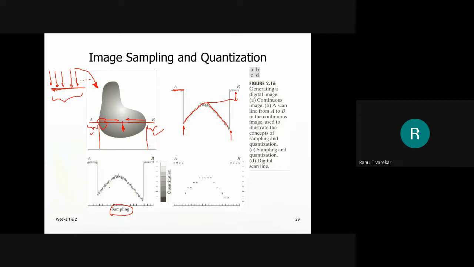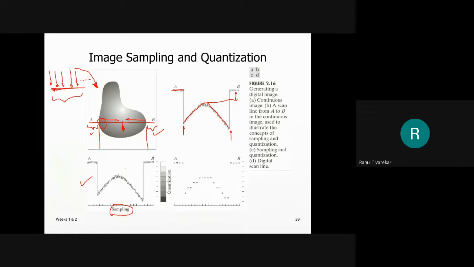After that, we get some intensity levels. As you can see, there is still some finite number of intensity levels possible here. This is only a set of samples between point A and point B. If we analyze the complete image, you can see there is a variety of intensity levels available, so we again cannot represent those intensity levels with a finite number of bits.